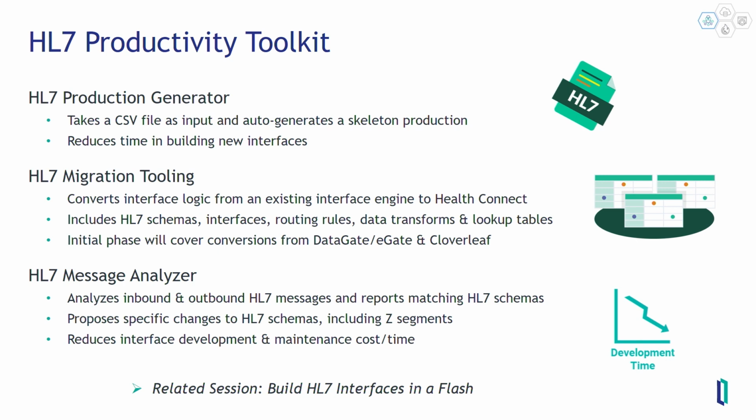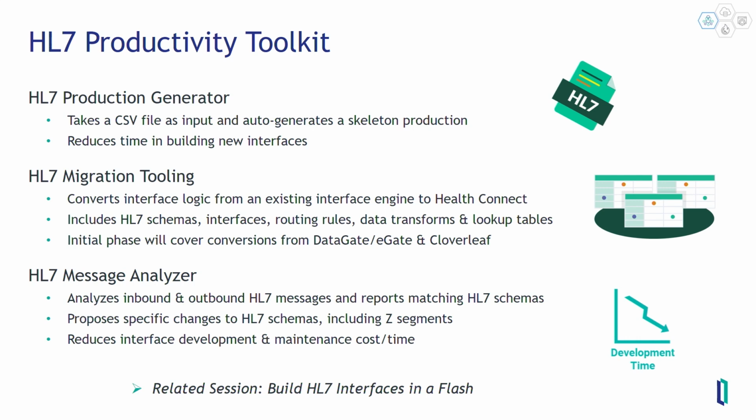The first one is called Production Generator. This is where you can use a CSV file to specify key details of your interface, and it auto-generates a full-blown skeleton production in Health Connect that you can tweak and further customize. So you can significantly reduce time in building new interfaces.